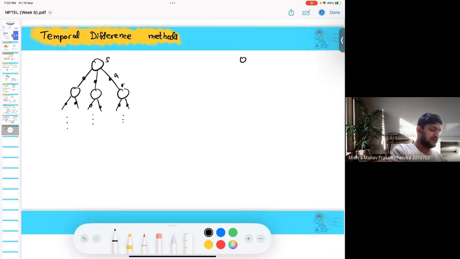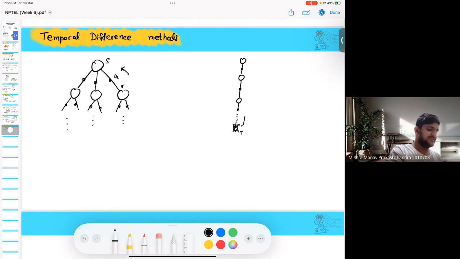And for Monte Carlo, for a policy pi, I'll simply generate a trajectory till I reach some terminal state T. Here the update will be towards the upper part of the tree. Once I reach the terminal state, I'll get the complete return GT and use it to make an update. So this is dynamic programming, and this is Monte Carlo.